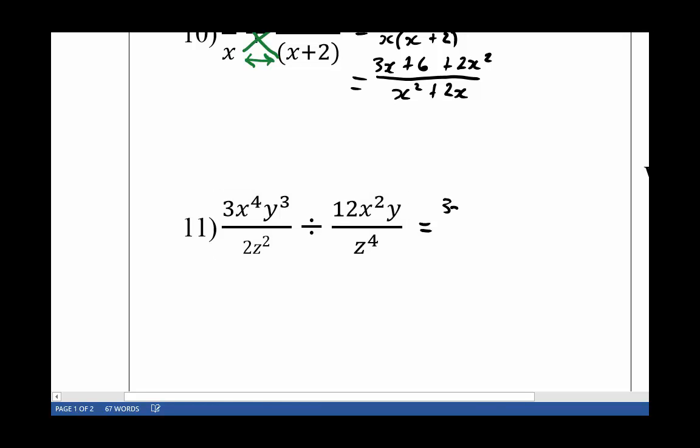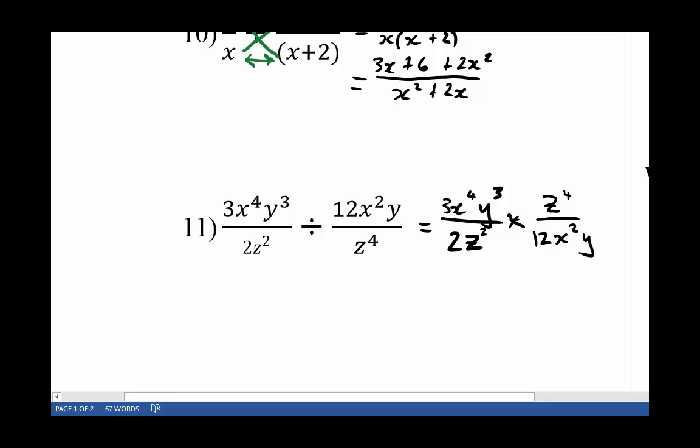So that'll be 3x to the power of 4 y cubed all over 2, and I do my z's with a line through it so they look different. 2z2, okay, and now it's going to be a times sign multiplied by this upside down. So z4 over 12 x squared y.